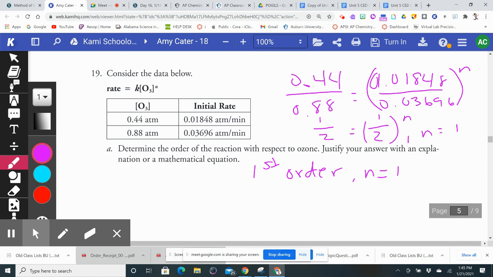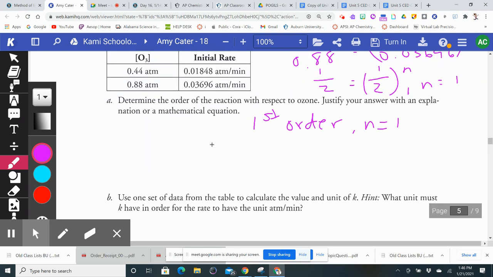So if there was another one, you would have to do the same thing for the other reactant. Yes, and that's how we get our overall rate law, or overall order of the whole equation. We do it for each reactant. That's probably coming later. But, yeah. Any questions on A?